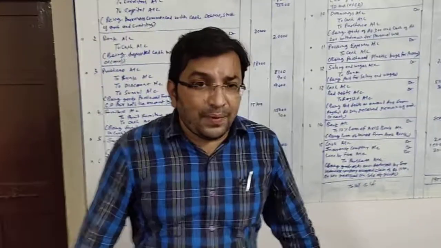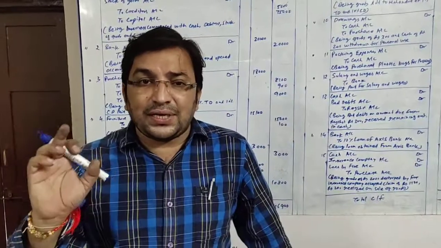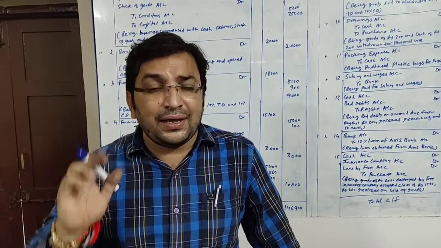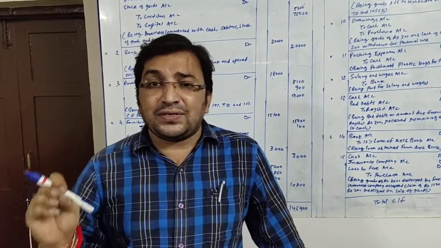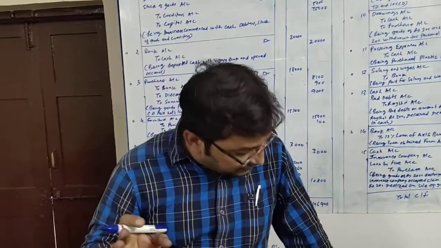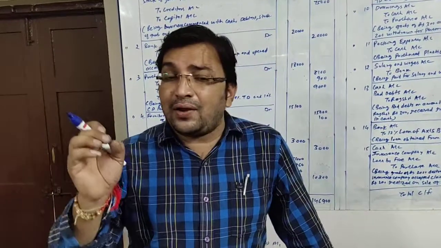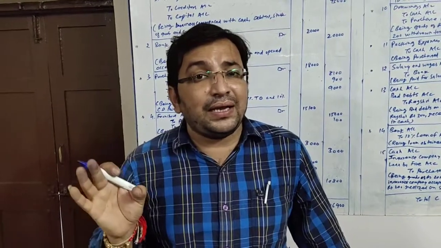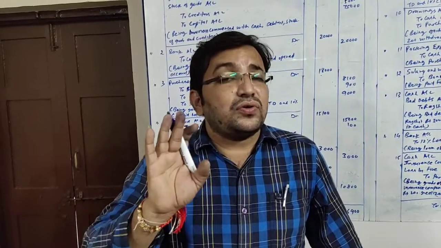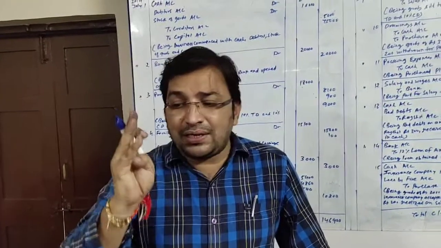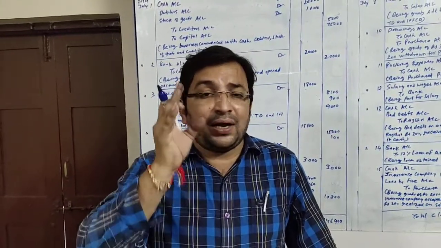So here we are purchasing furniture of 15,000 plus 100, that is 15,100. Against that 15,000 is on credit because we have purchased it from Puneet Furniture Mart, and rupees 100 we paid in cash, so cash account. So a total of 3 accounts will be affected: furniture account, Puneet Furniture Mart account, and cash account.